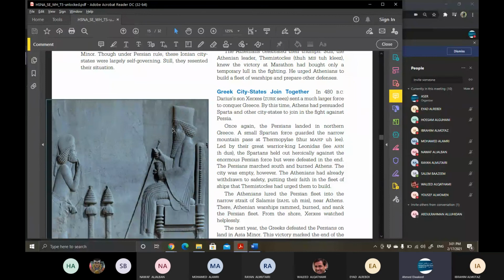He took 1 million soldiers and marched towards all of the Greek city-states, not only Athens. But luckily all of the Greek city-states made an alliance and stood in the face of the Persian Empire, and they defeated them. And later, Alexander himself would go and invade their lands.